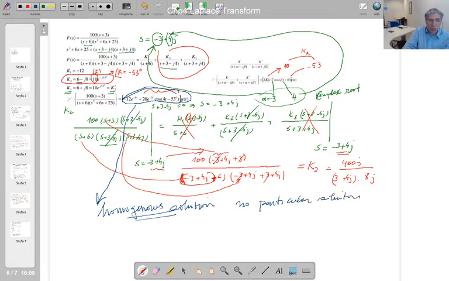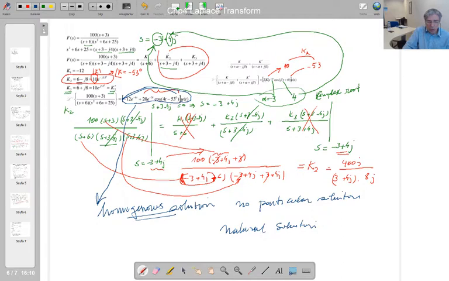So what you can say about that solution is that it is a natural solution. Why is that? Because no particular solution means there is no independent source in the circuit, isn't it? Because a particular solution is the solution in the form of the independent source function.